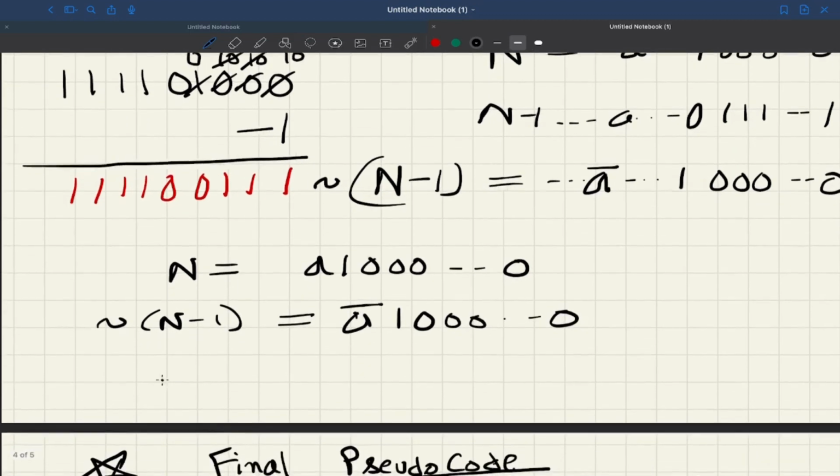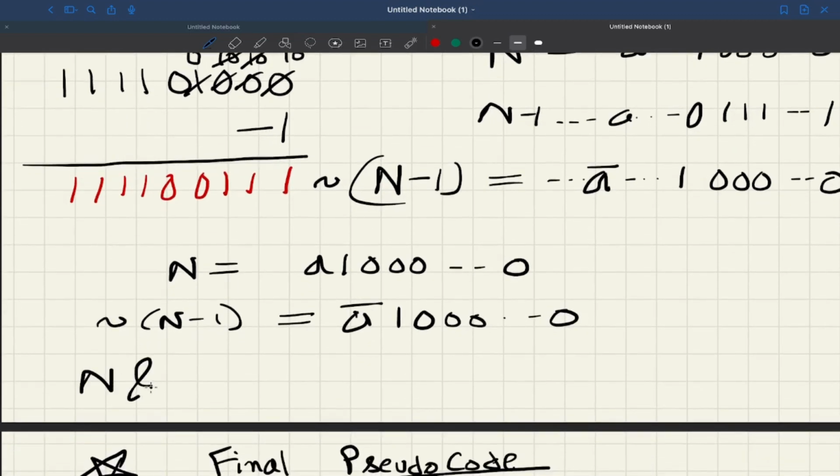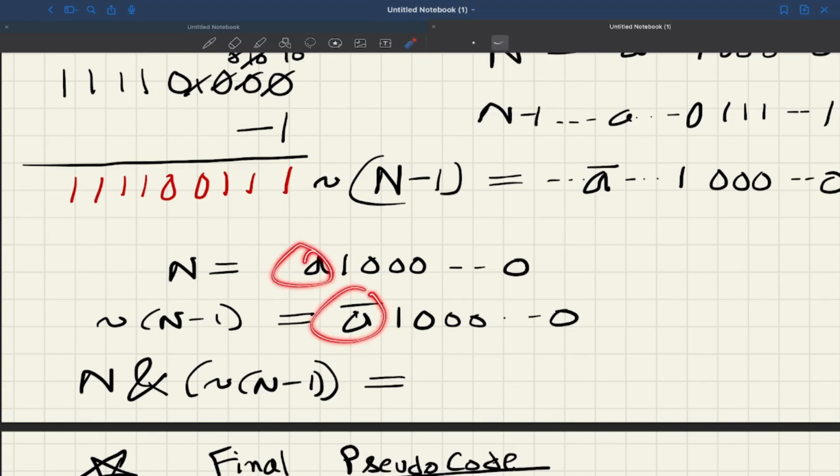And what if I take AND of n and n minus 1, what will happen? This a and a complement will get nullified. So I will be left with 0 only here, 0 0 0 0.